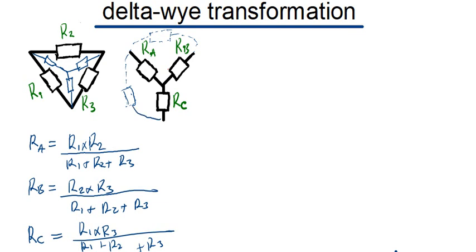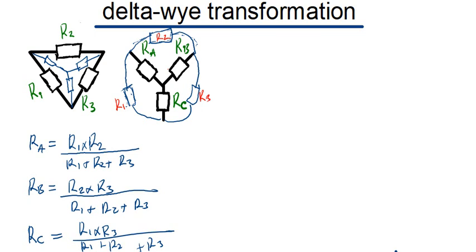I think I can just make it solid, since the colors are different. You observe that the circuit I'm drawing outside is a delta circuit. Here we have our R1, here we have our R2, and here we have our R3 there.